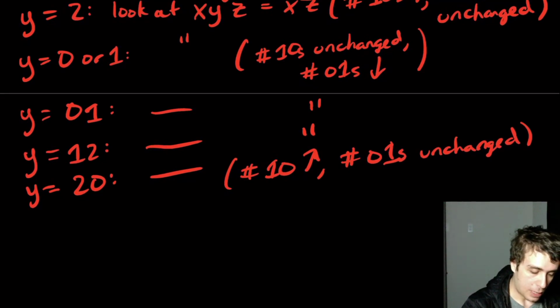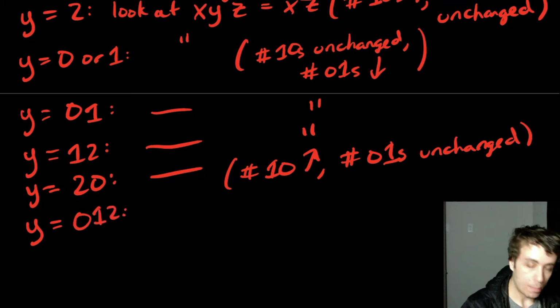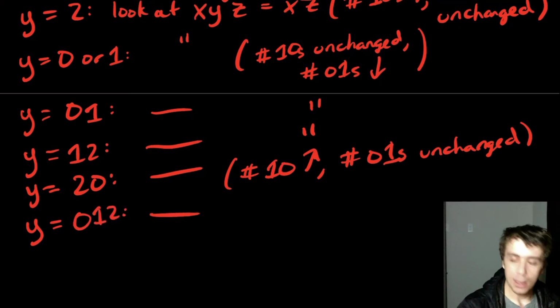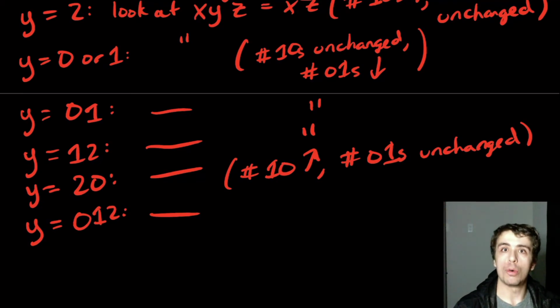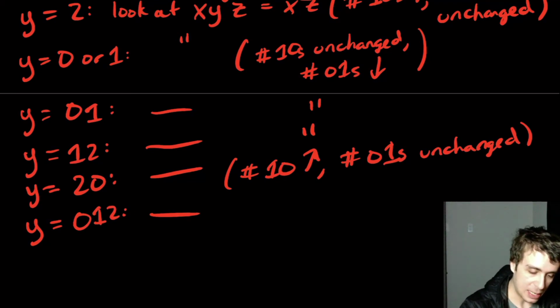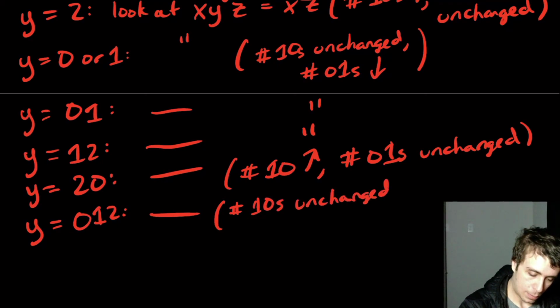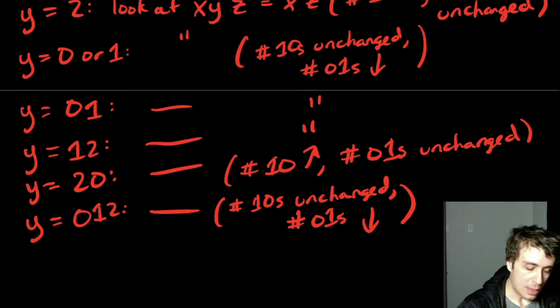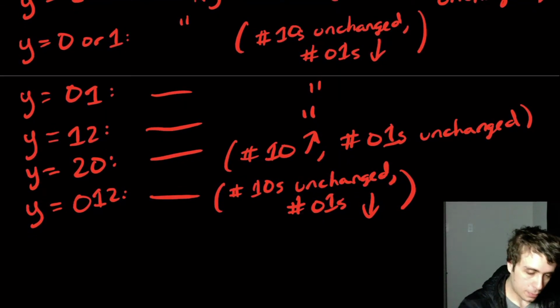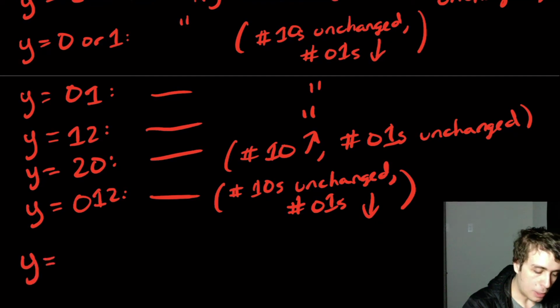So if y is exactly 0 1 2 by itself, we could just delete it. If we pump down, we're going to remove a 0 1 occurrence, and then we get the exact same idea. The number of 1 0s is unchanged, and the number of 0 1s went down again. And then finally, we're going to handle a whole bunch of them all at once right here.